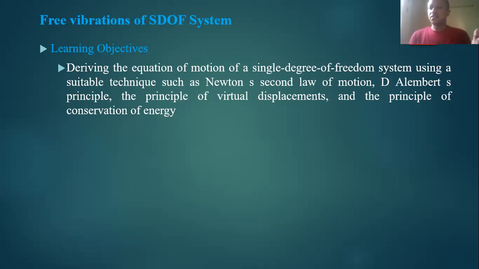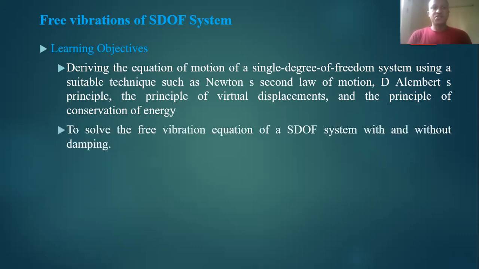It can be not only Newton's second law, but Newton's laws are all helpful. We can also use D'Alembert's principle, or the virtual displacement principle, that means the energy conservation principle, and other cases can also be applied to derive the motion equations.